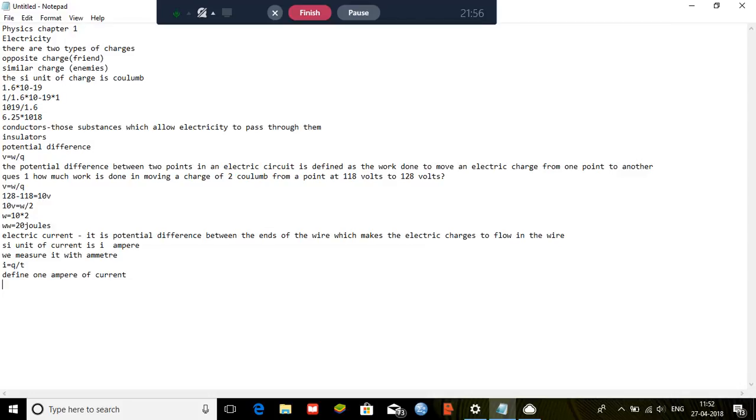The simplest way is to maintain a stable potential difference between the two ends of a conductor, and for that we use a battery, because a battery helps us maintain a potential difference in a circuit. Everybody knows what a battery is, like the 1.5 volt battery we use in TV remotes. We use batteries in numerous things.